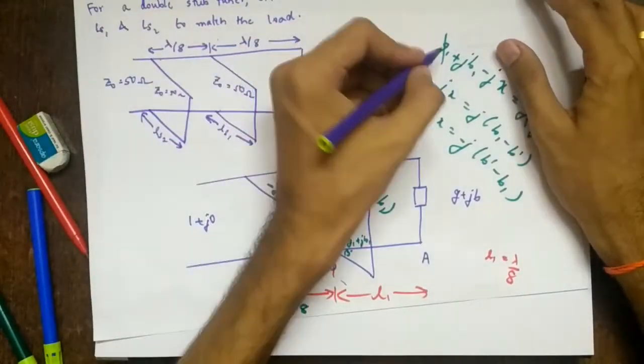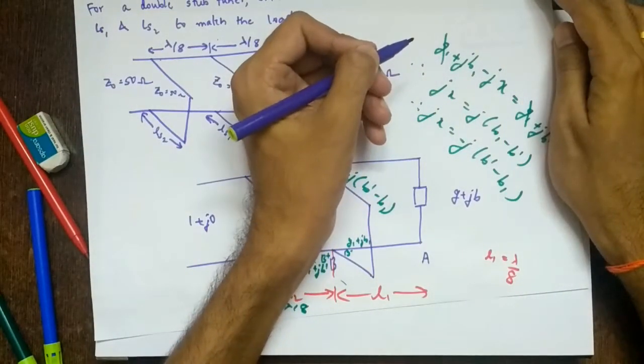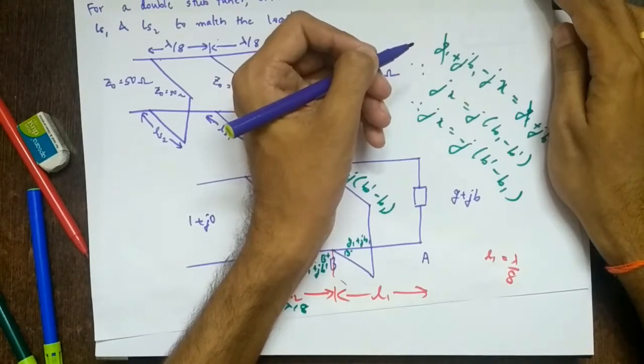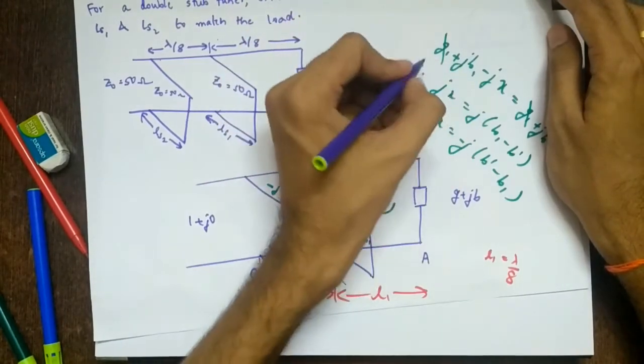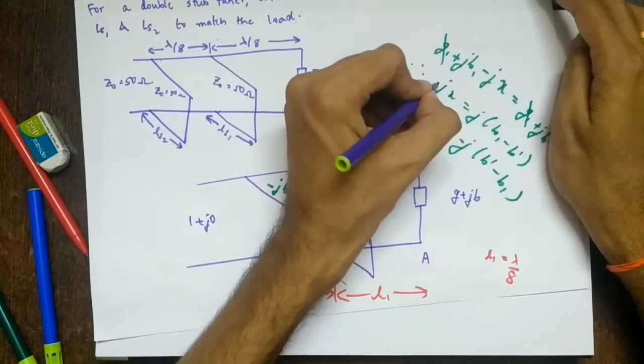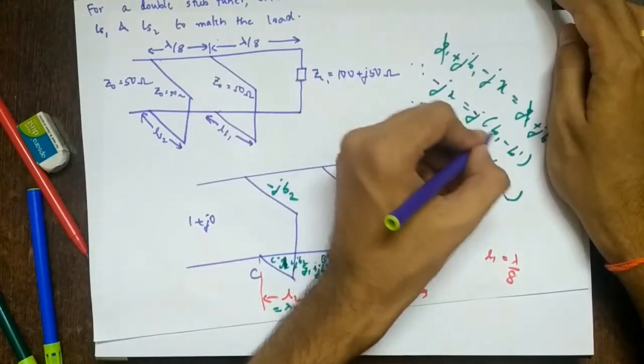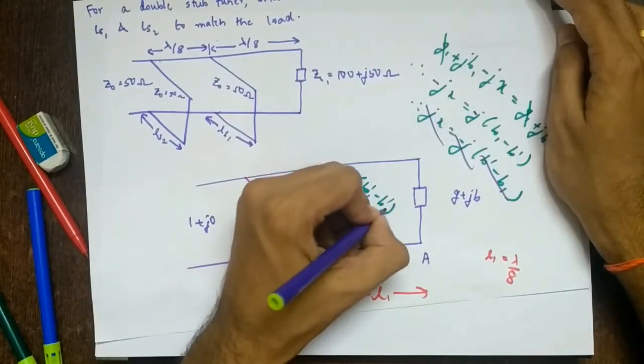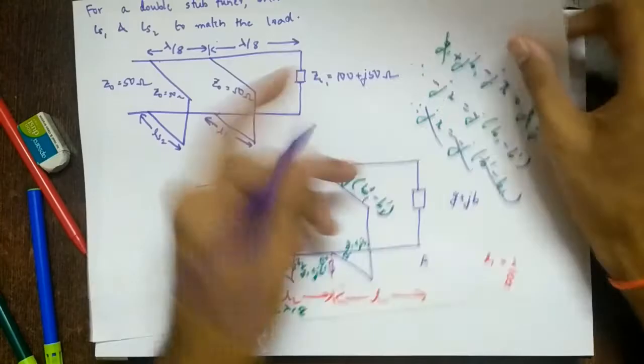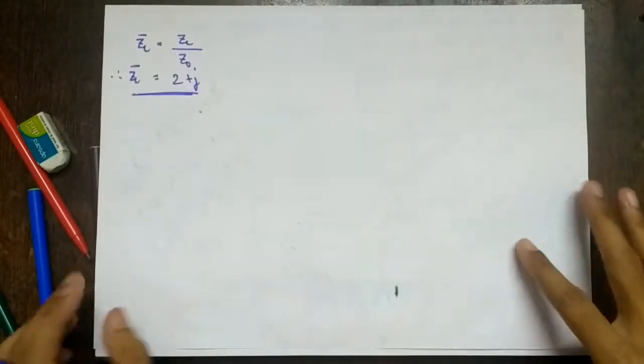Just a minute, I think I made a mistake. Yes, we require minus JX. Since JX is this, minus JX is minus J times B1 minus B prime. This we have to do.